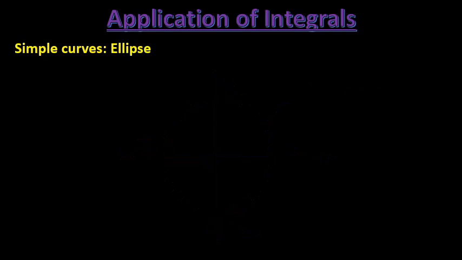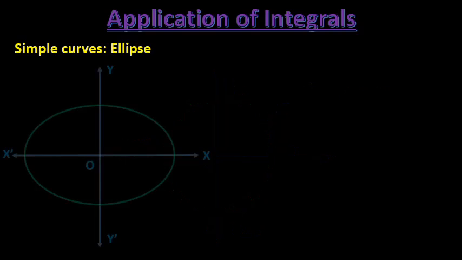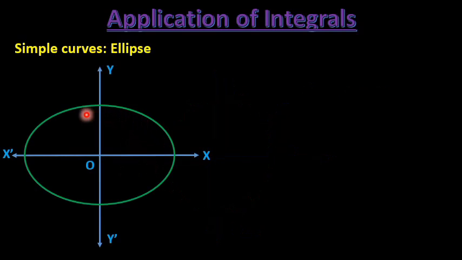Now the next curve is ellipse. So this is the diagram of an ellipse whose center coincides with the origin of the coordinate system. And here this represents the major axis and this represents the minor axis, and the equation for this ellipse can be written as x square by a square plus y square by b square equals to 1.